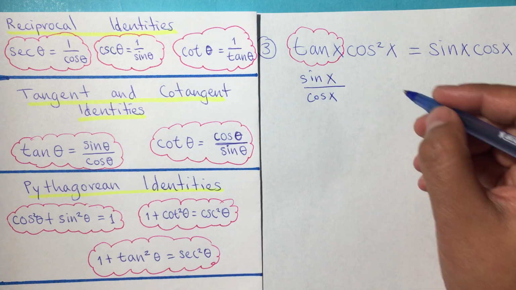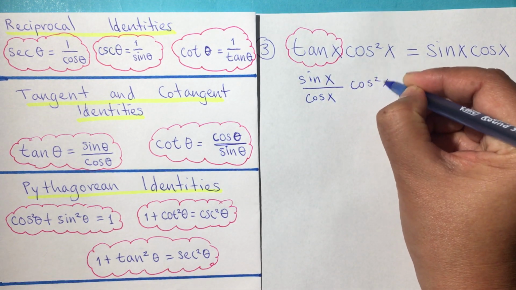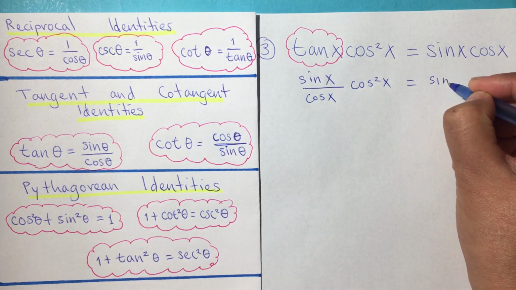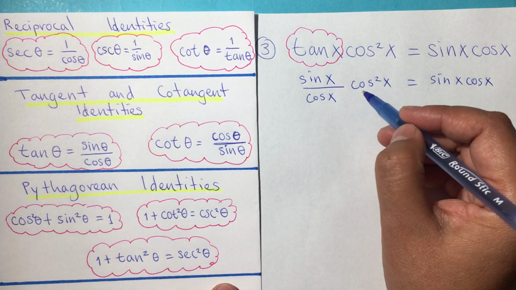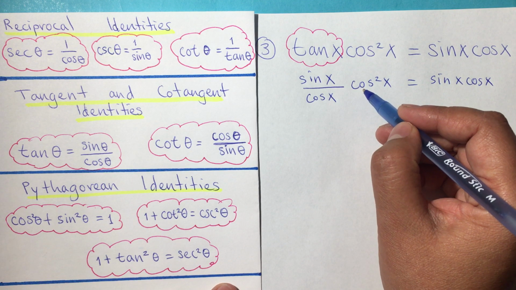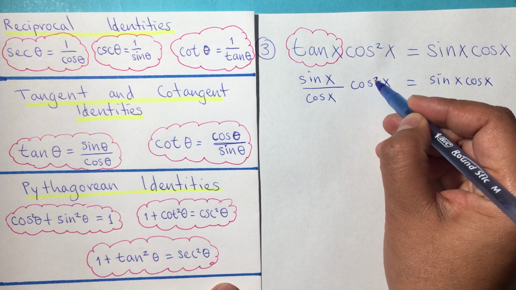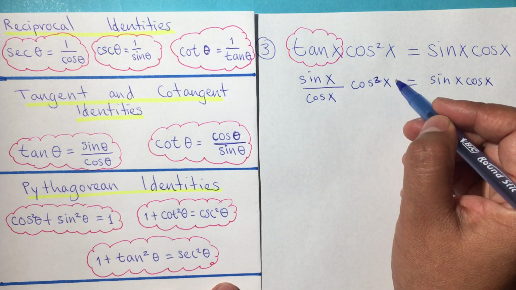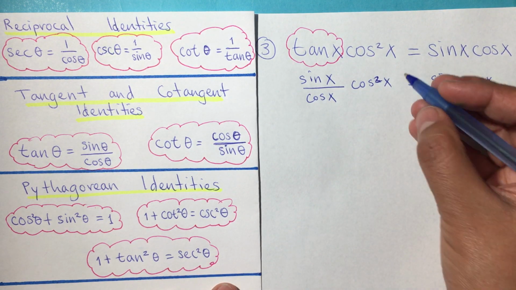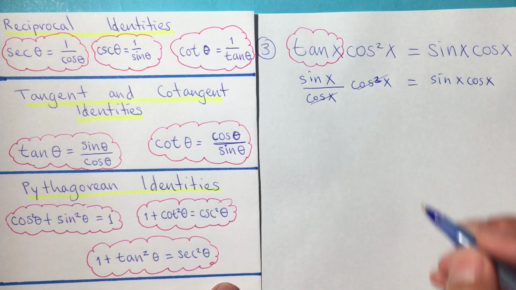Bring down the rest of it, which is cosine square of x equals sine of x times cosine of x. In here, I can cancel this, but notice how in here I have a square. That means that I have two of this, cosine of x times cosine of x. So I can cancel one of them with this one in here.